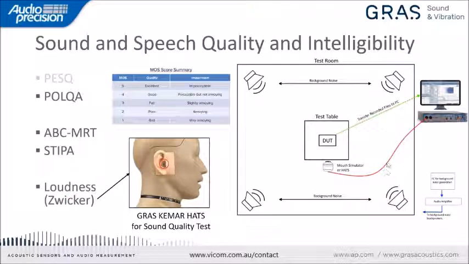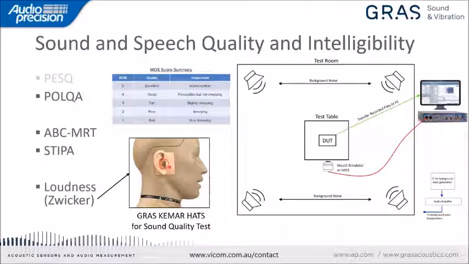For other sound quality parameters, such as loudness that is described in the ISO 532 standard, it is possible to use third-party tools that are compatible with the APX software to perform this test. We can also see here a GRAS KEMAR head and torso simulator that can be configured with microphones in the ear canal instead of ear simulators.